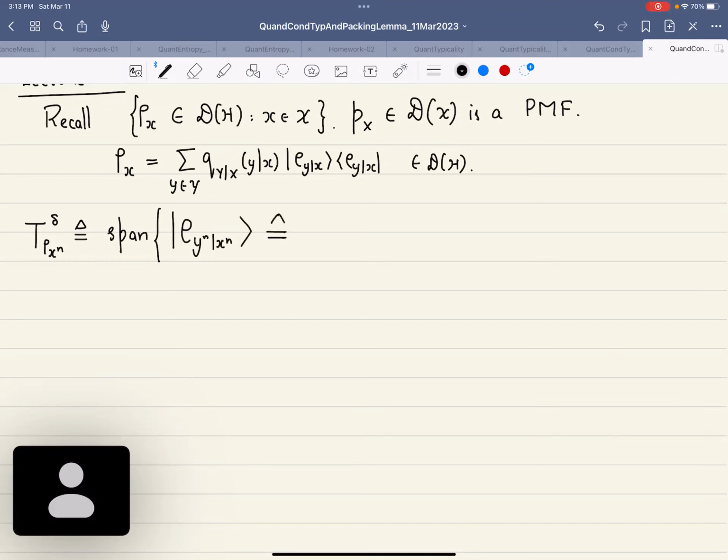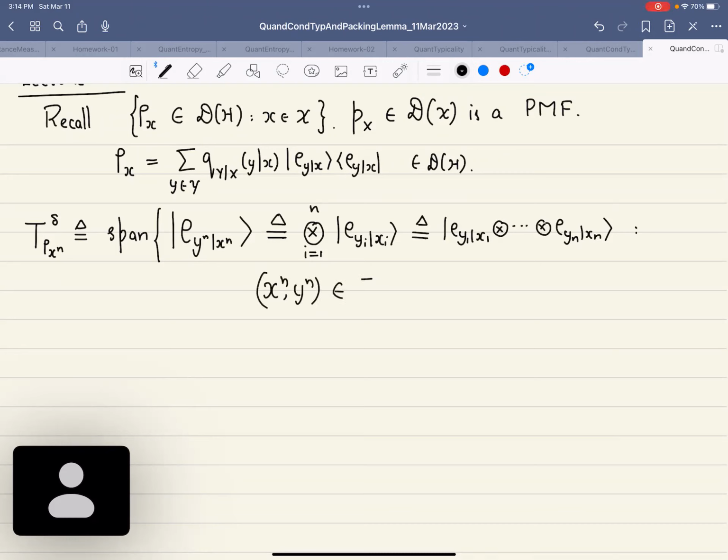This means the span over i equal to 1 through n of e y_i given x_i. This is also the same as just writing it as e y^n given x^n, such that x^n and y^n, when put together, are in the classical typicality of q y given x. This is what it is.